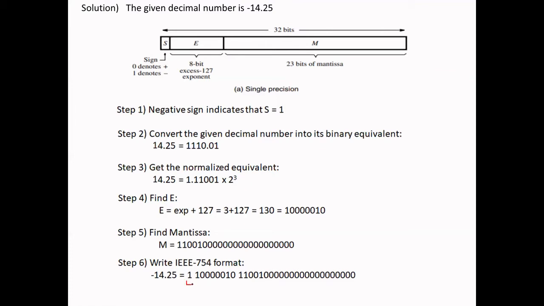So 1100 is C, 0001 is 1, 0110 is 6, 0100 is 4, 0000 is 0, 0000 is 0, 0000 is 0, and lastly 0000 is 0. So option A is correct.